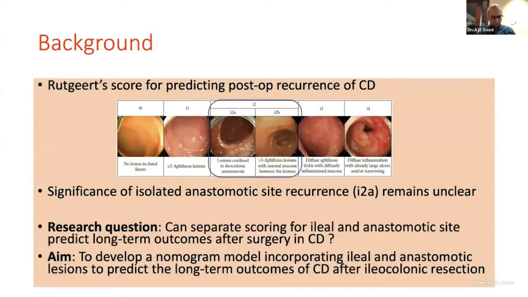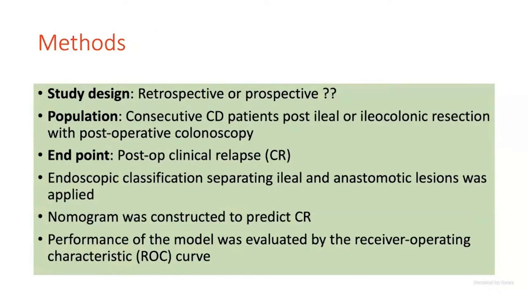So the question asked in this study was, can a separate scoring for both ileal and anastomotic lesions, if both were considered together, predict long-term outcomes better after surgery in Crohn's disease. So they aim to develop a nomogram model incorporating ileal and anastomotic lesions to predict the long-term outcomes of Crohn's disease after resection. The study design is not clear from the abstract.